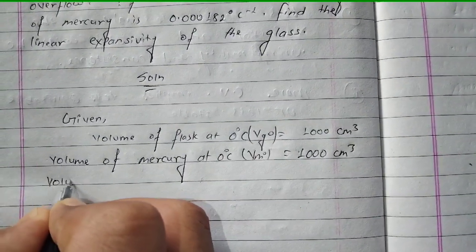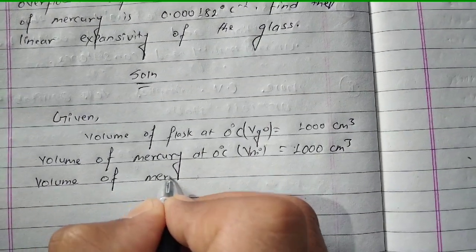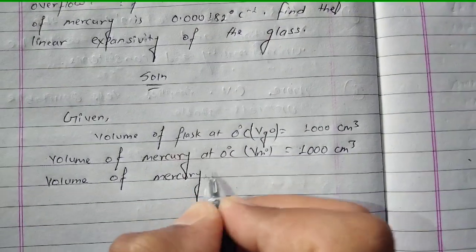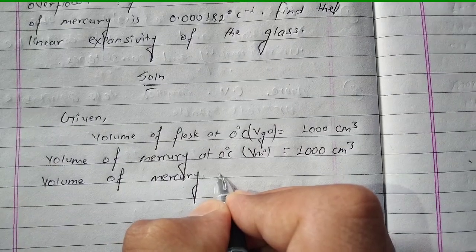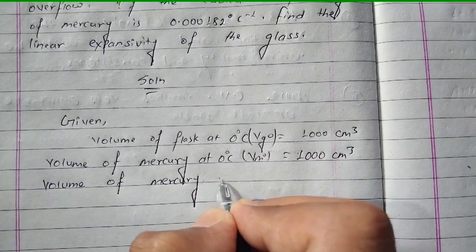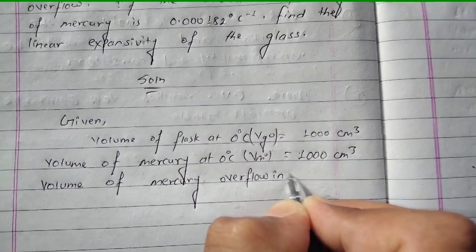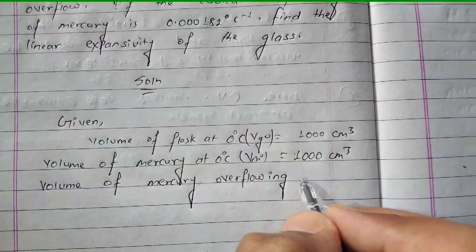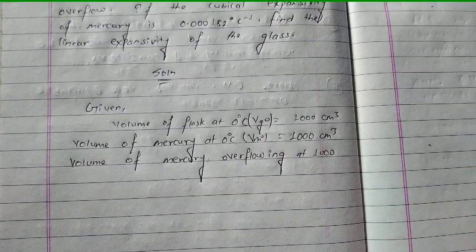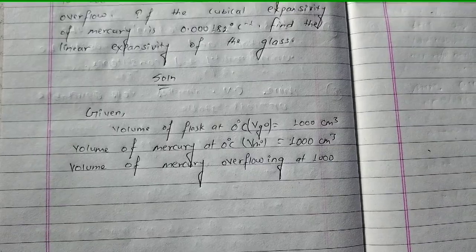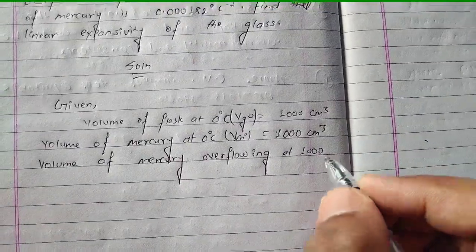Volume of mercury overflowing at 100 degrees Celsius. Oh, there is a mistake, it's only 100, not 1000.